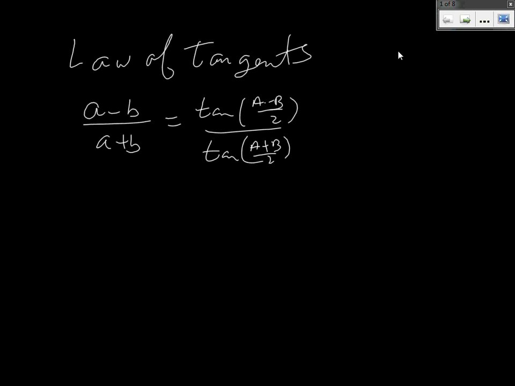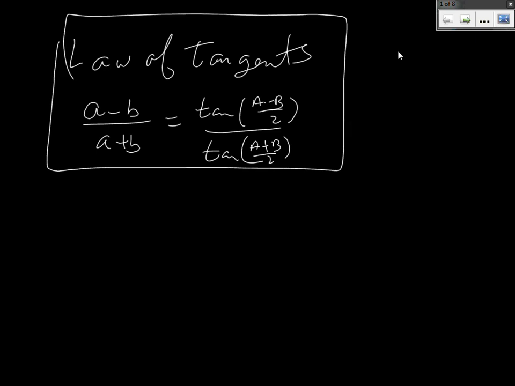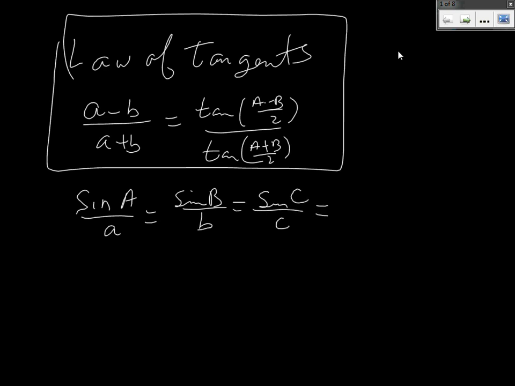So to prove this, so that's the theorem. To prove this, we're actually going to use the law of sines. We know that the sine of A over a is equal to the sine of B over b is equal to the sine of C over c.